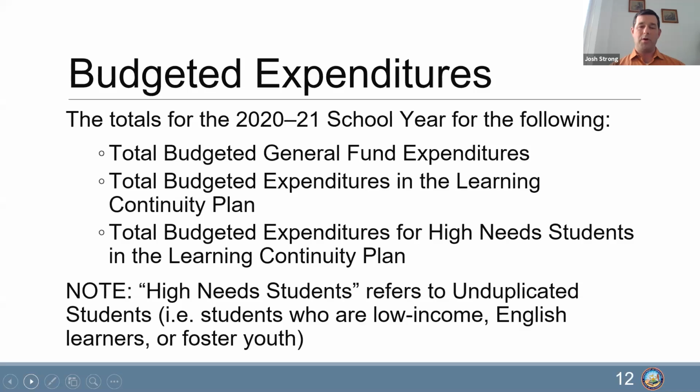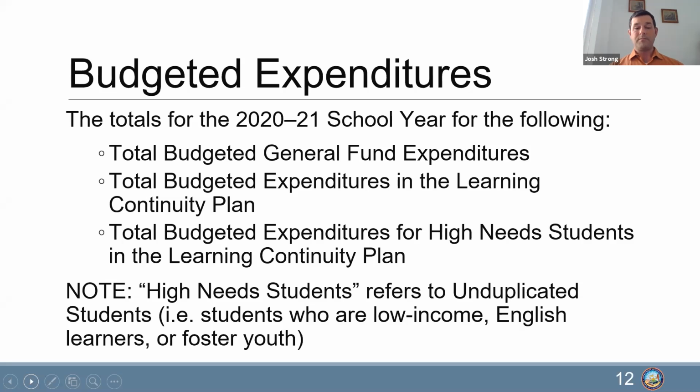The second component within the budget overview is the budgeted expenditures. Here we're looking at the totals for the 2020-21 school year for the following: the total budgeted general fund expenditures, the total budgeted expenditures in the learning continuity plan, and the total budgeted expenditures for high needs students in the learning continuity plan.